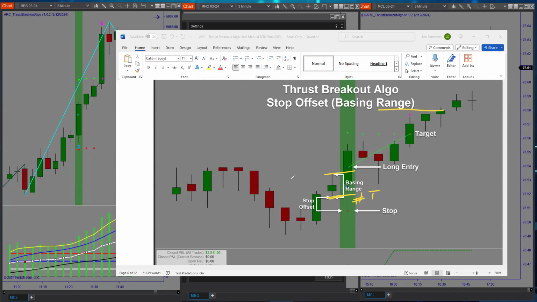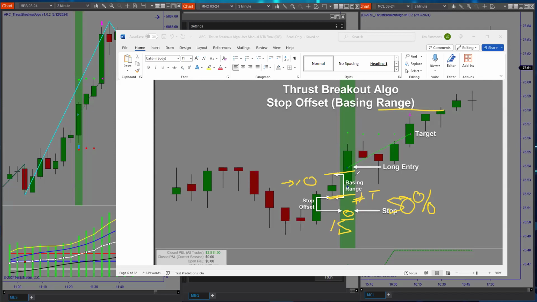So if the range of that base candle is 10 ticks, and you had this set to 50%, then what that means is it's going to take this range and add 50%, which would be 15 ticks total. So your stop is going to go 5 ticks below.